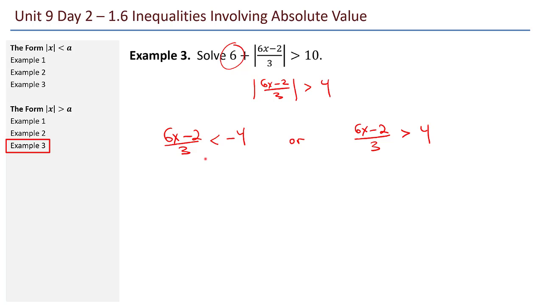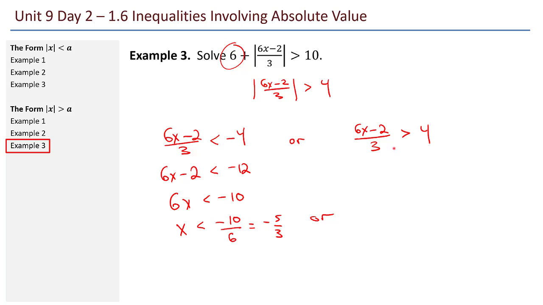All right, looking at the first one, let's multiply both sides by 3. 6x minus 2 is less than -12. And then I'll add 2 to both sides. 6x less than -10. And then divide both sides by 6. X is less than -10 sixths. Oh, and -10 sixths, that reduces a little bit. That becomes -5 thirds.